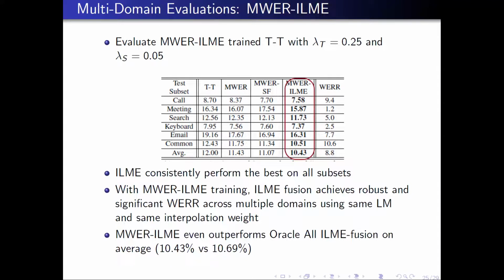Lastly, we present the MWER-ILME trained transformer transducer. The ILME fusion consistently performs the best on all subsets with MWER-ILME training. The ILME fusion achieves robust and significant word error rate reduction across multi-domains using the same language model and the same interpolation weights, from 12% to 10.43% absolute word error rate on average.